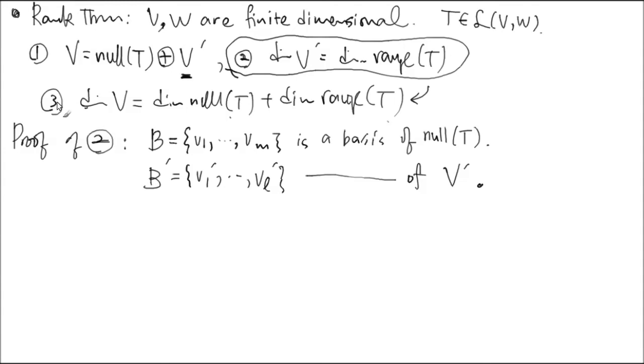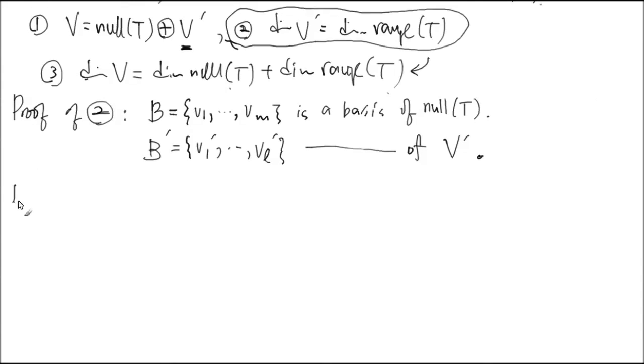Okay? Next thing to focus on is that the function T goes from V to W, right? And V prime is a subspace of V. So can we look at T only applied to V prime? This is what mathematicians do.